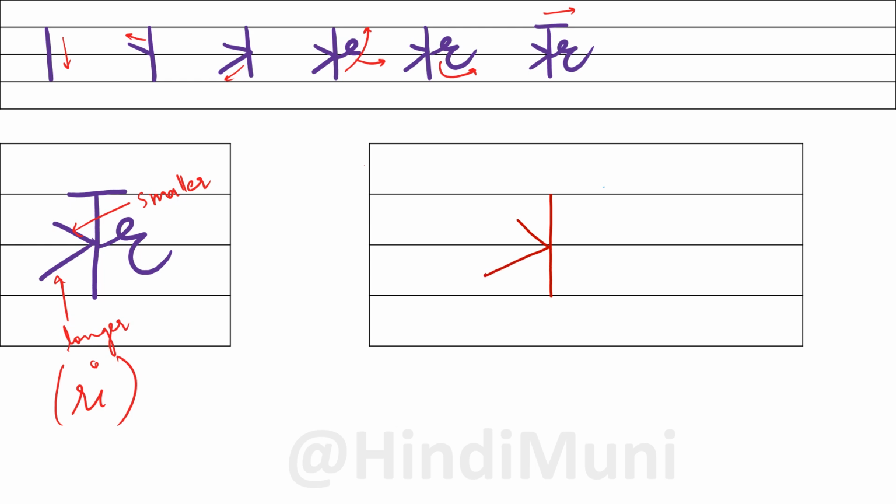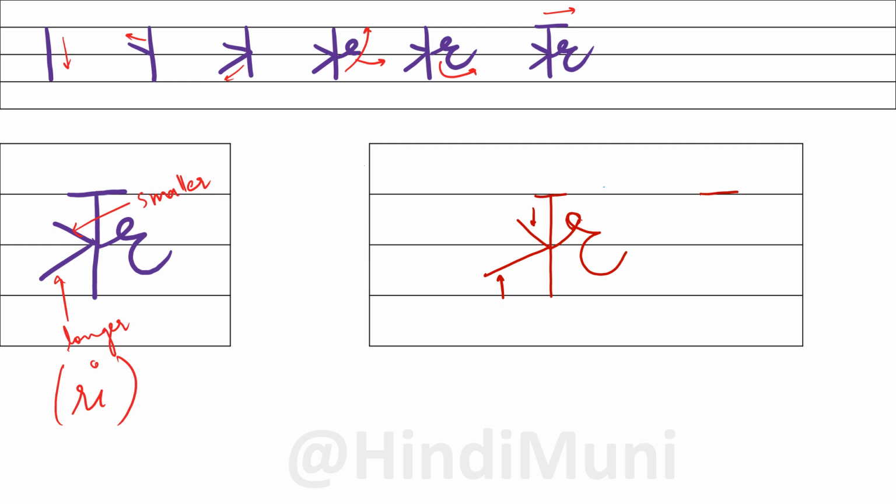Now the bottom diagonal line has to be a bit longer than this one. Then you make a curve, then a circle, you bring it downwards, and then you make a curve like this. And then you put a horizontal line on the top.